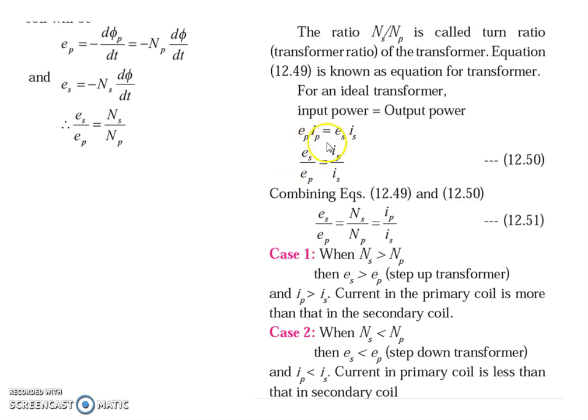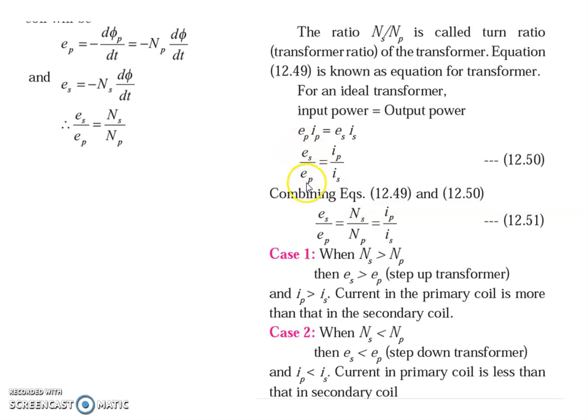From this equation, if I write Es upon Ep, then transferring this Ep to the right hand side and this Is to the left hand side and rearranging the equation, we get Es upon Ep is equal to Ip upon Is.